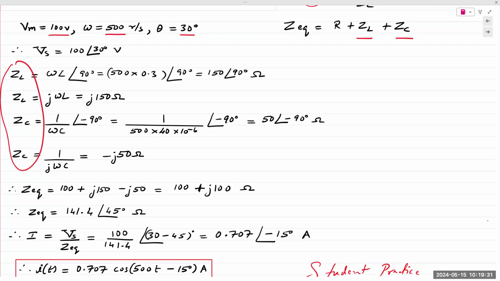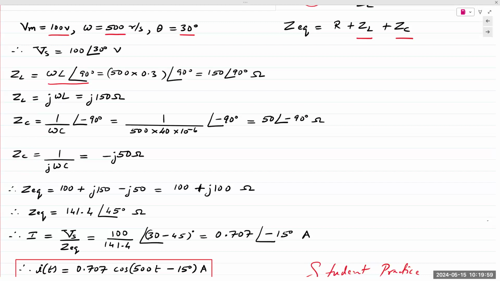The first one is finding ZL using the polar coordinate system, omega L with the angle of plus 90. The second one is rectangular coordinates, so ZL is J omega L. Think back to page number 15, where we talked about how the voltage for an inductor is 90 degrees ahead of its current.